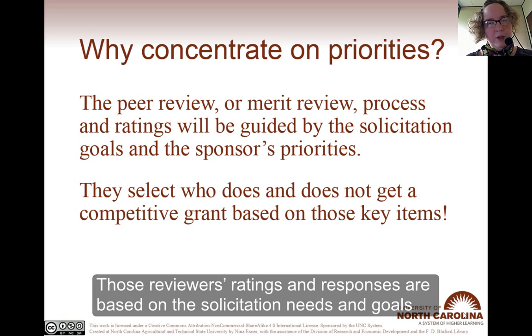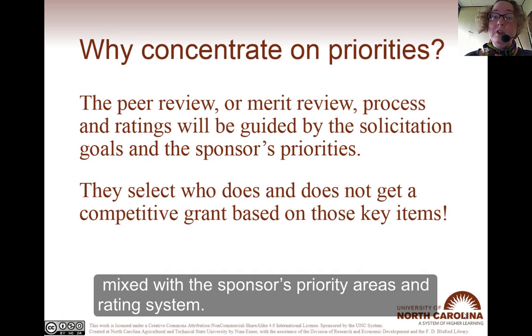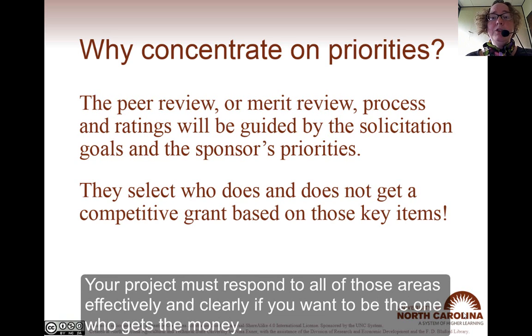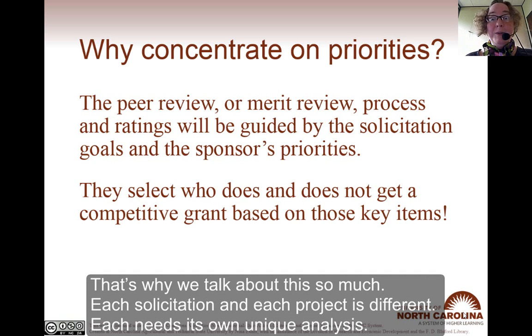Those reviewers' ratings and responses are based on the solicitation needs and goals mixed with the sponsor's priority areas and rating system. So, winning the grant is based entirely on proving that you fulfill all of those things. Your project must respond to all of those areas effectively and clearly if you want to be the one who gets the money. That's why we talk about this so much.